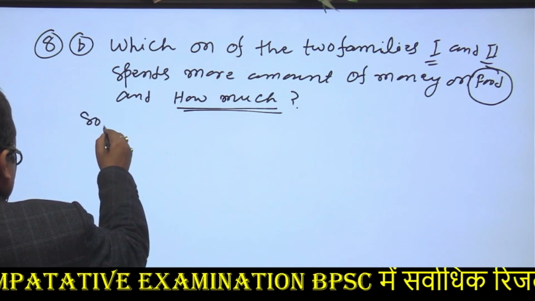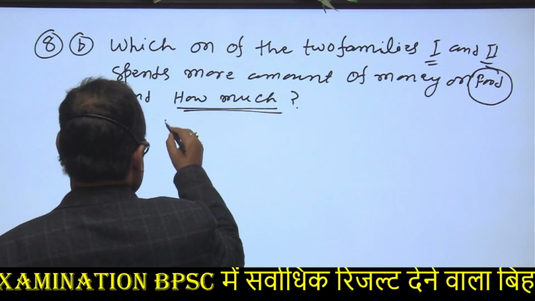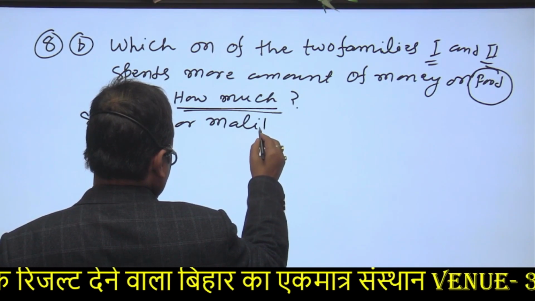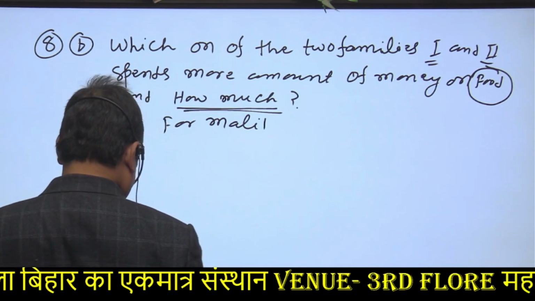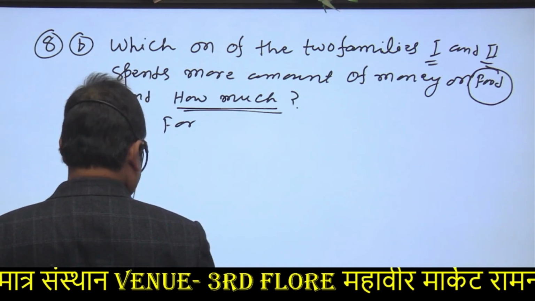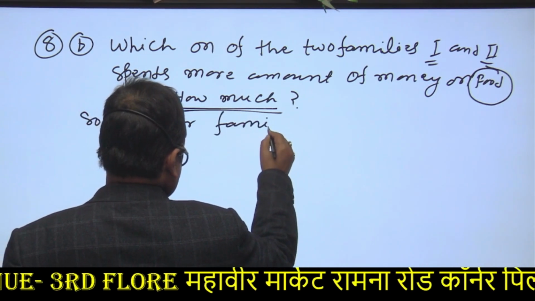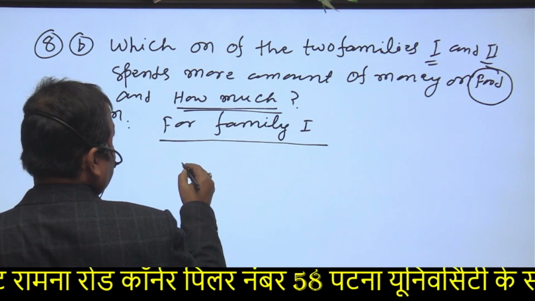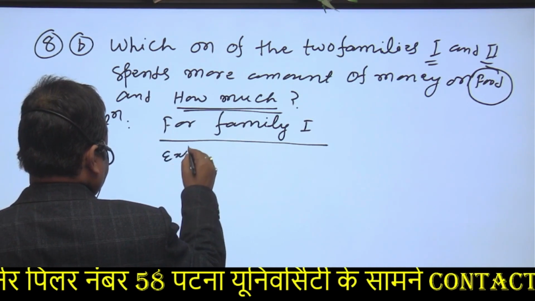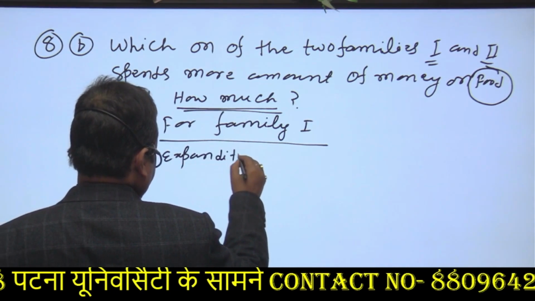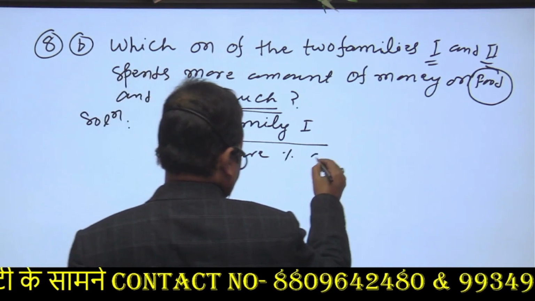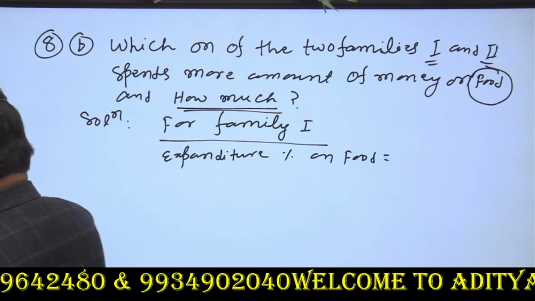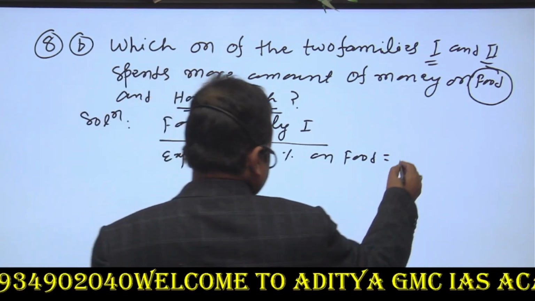So, for family 1, expenditure percent on food equals 38.